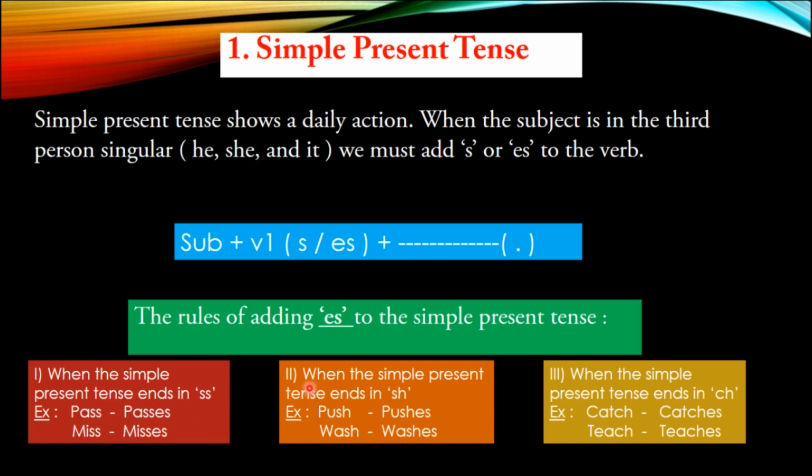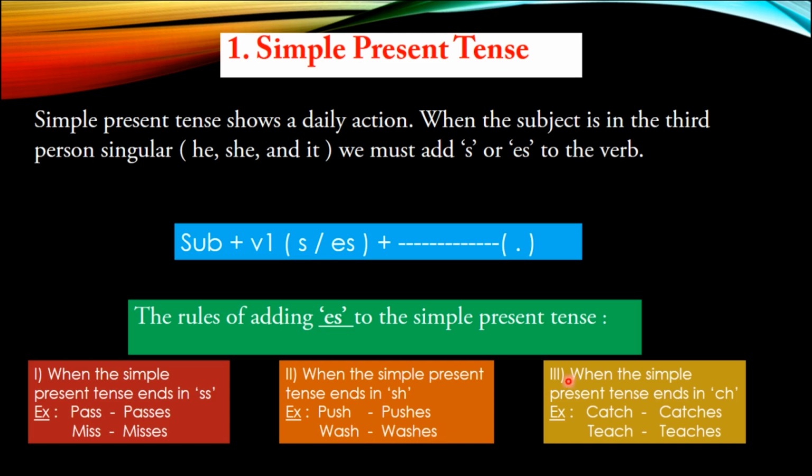The second rule is, when the simple present tense verb ends in sh, for example, push, then we must add es. Push, pushes. Wash, washes.